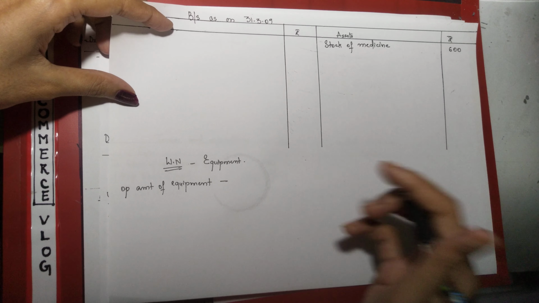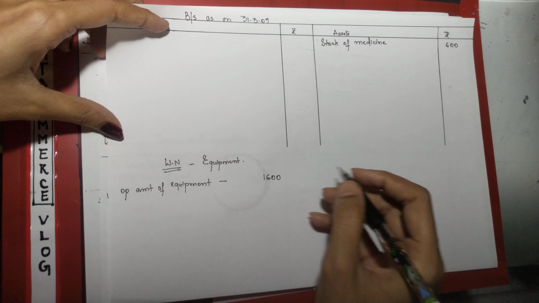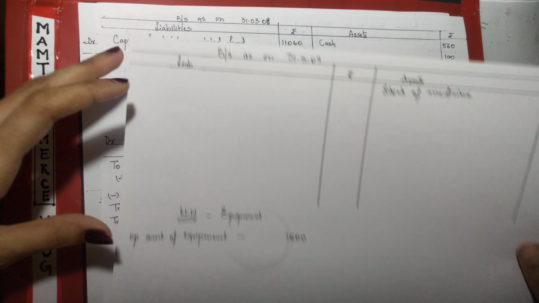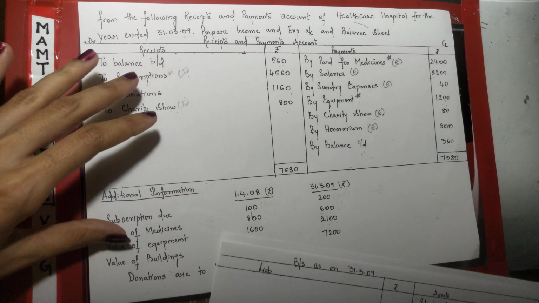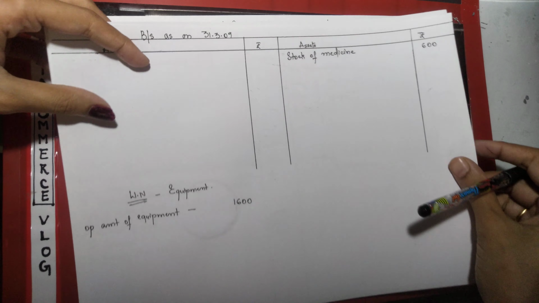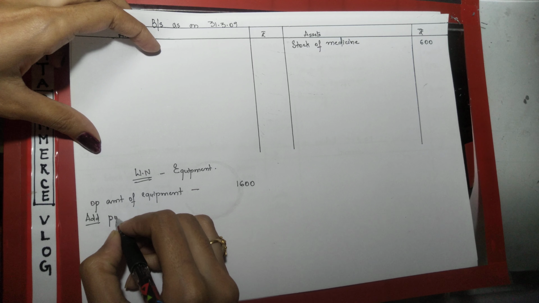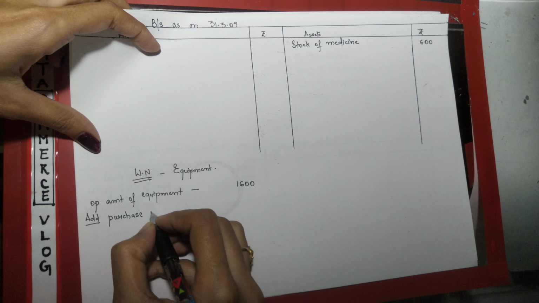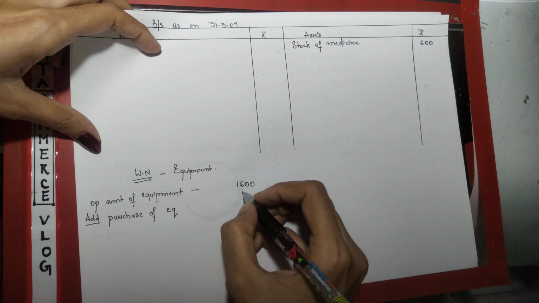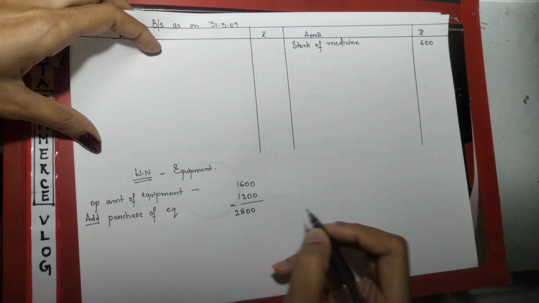So here I am writing opening value as 1600. To this I will add purchase of equipment. There is a purchase of equipment, so add purchase of equipment of 1200, so I am getting 2800.